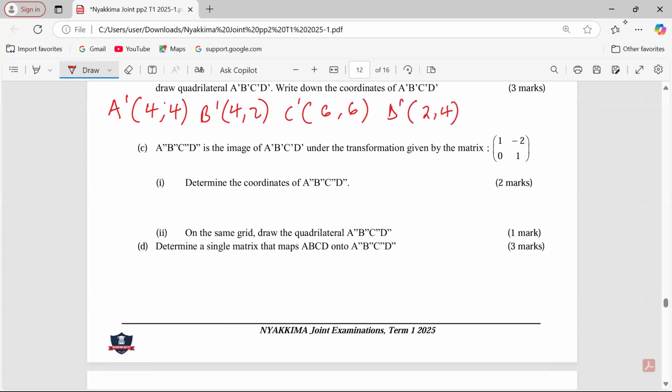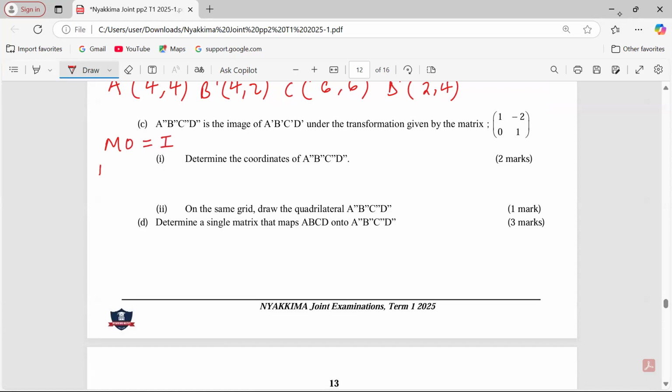Look at part C now. A double prime, B double prime, C double prime, D double prime is the image of A prime, B prime, C prime, D prime under the transformation given by the matrix 1, -2, 0, 1, as you can see. So we know that matrix of transformation multiplied by object gives the image.